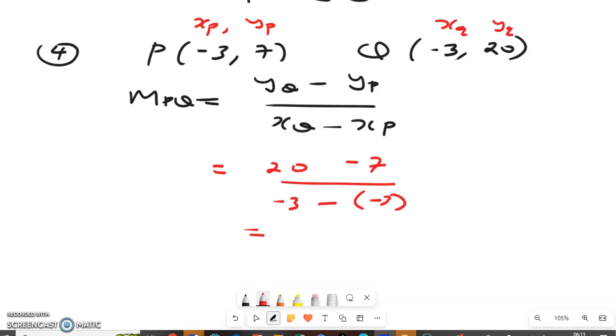So this is 20 minus 7, which is 13, over negative 3 minus negative 3, which is 0. So any real number over 0, the answer is undefined.